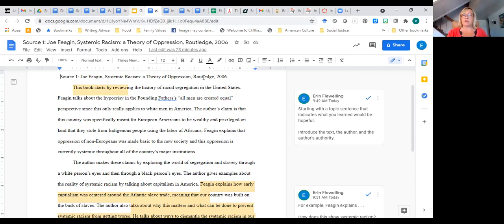So it might be something, a topic sentence that indicates what the author learned would be not hopeful, but helpful. For example, and then obviously introduce the text, the author.